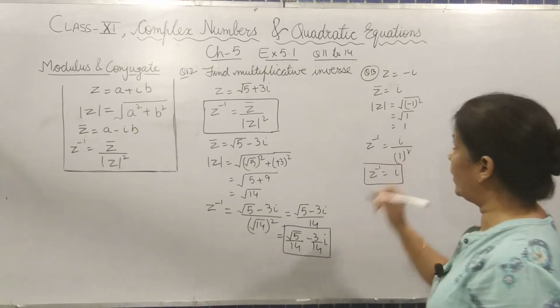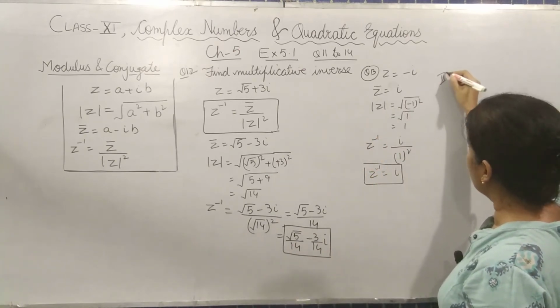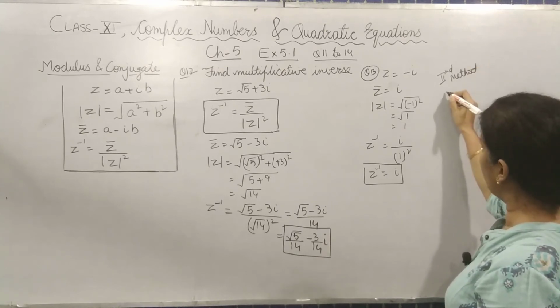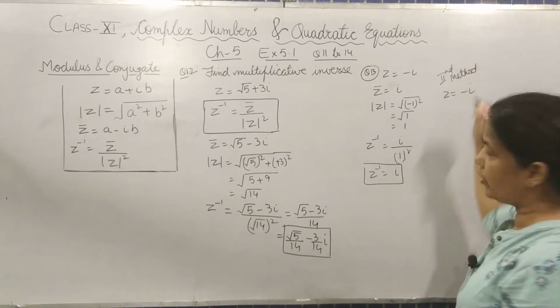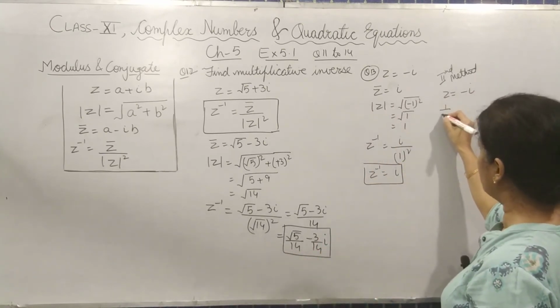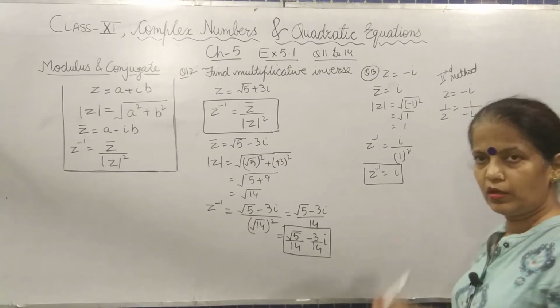This is one way. Or what you can do, the second method: Z equals minus iota, so inverse means 1 upon Z. So it will become 1 upon minus iota.